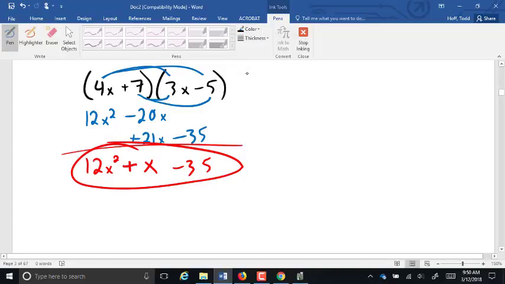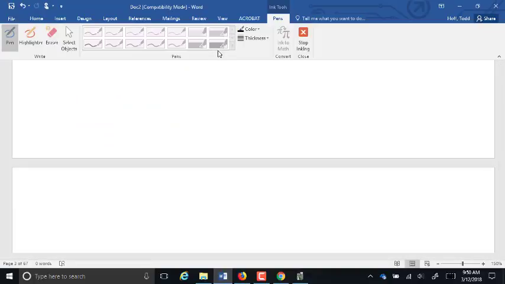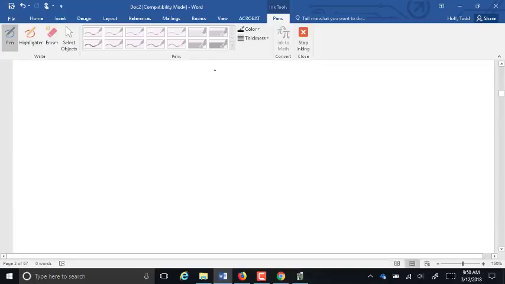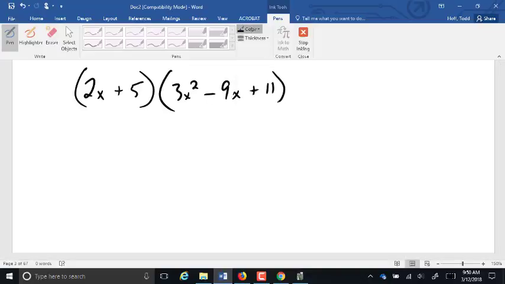Now, we can also advance to a little bit longer numbers here. We could have 2x plus 5 times 3x squared minus 9x plus 11.